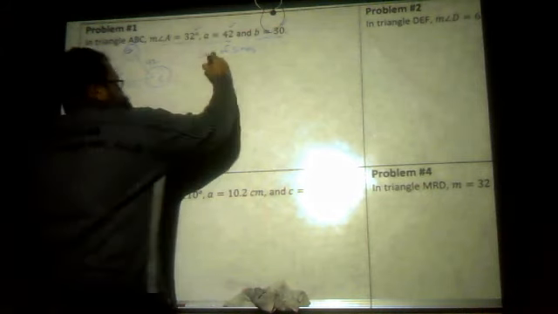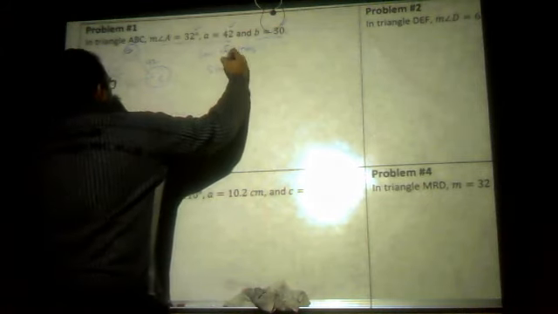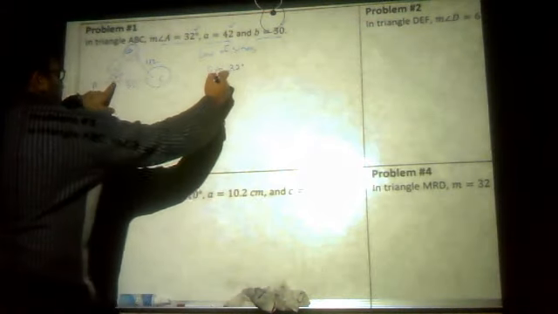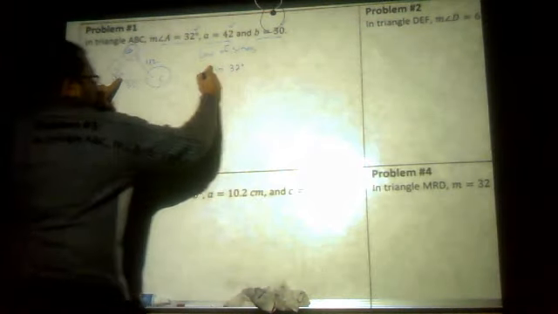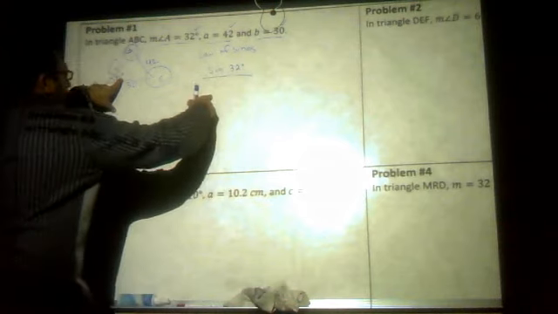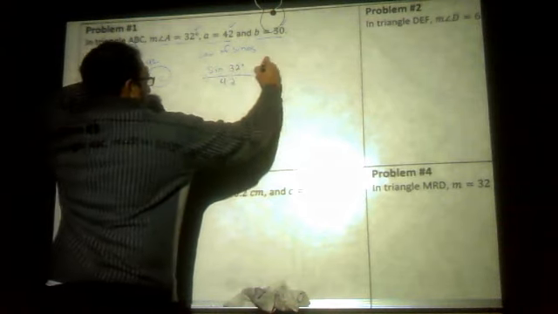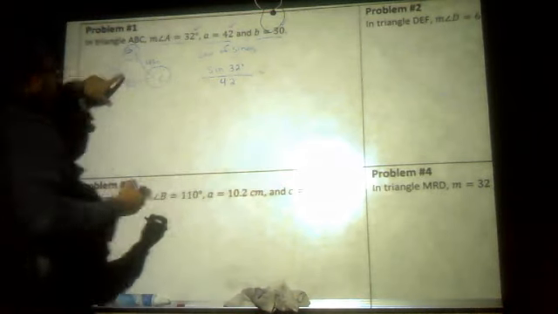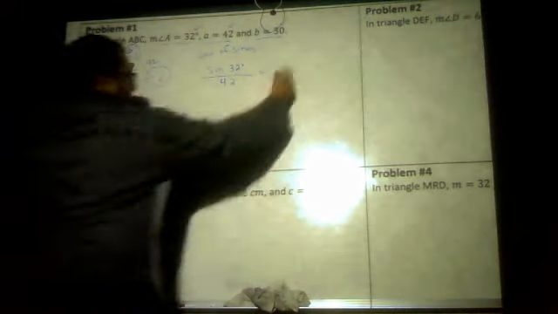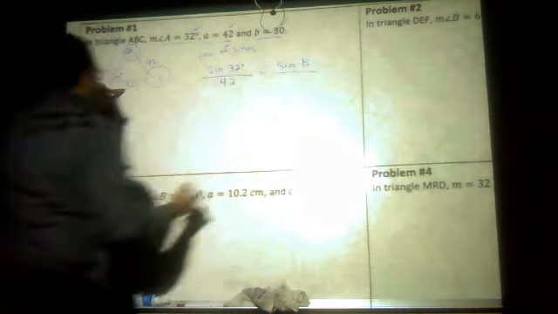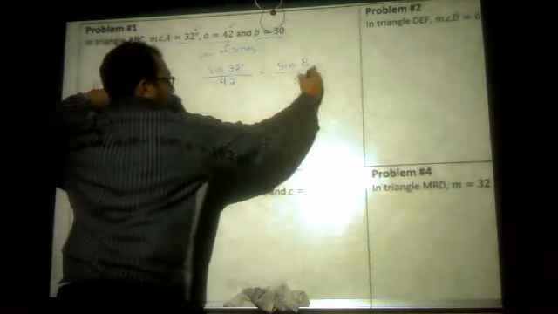So let's say we had the sine of 32 degrees, the sine of angle A, divided by side a, 42, is equal to the sine of B divided by side b, which is 30.